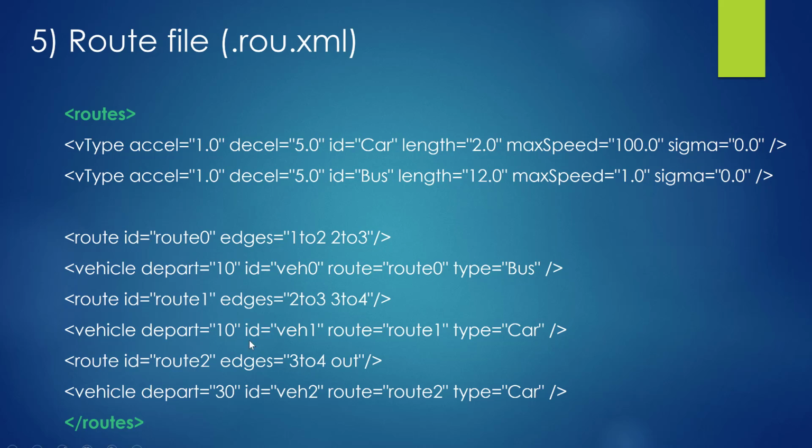Likewise, route ID 1 is defined from 2 to 3 and 3 to 4, and so on.